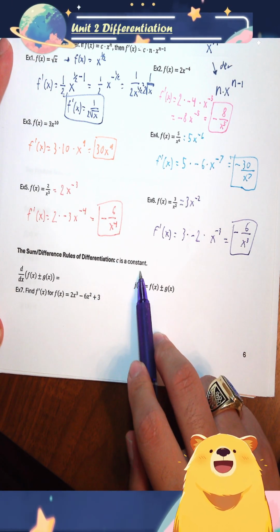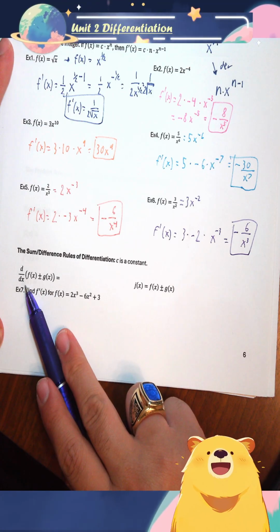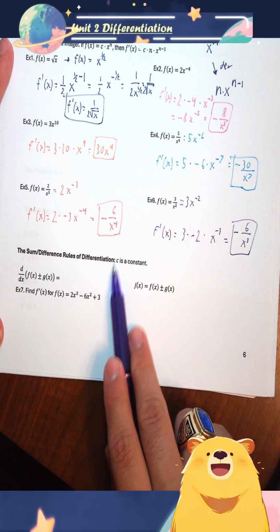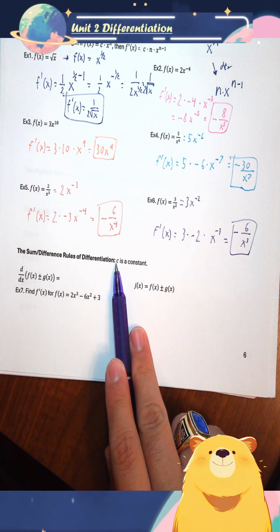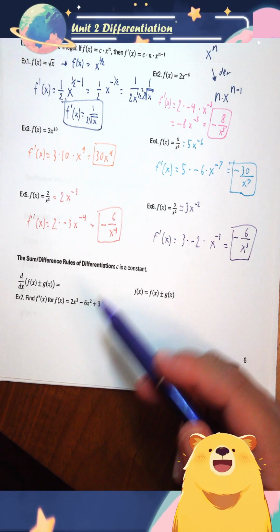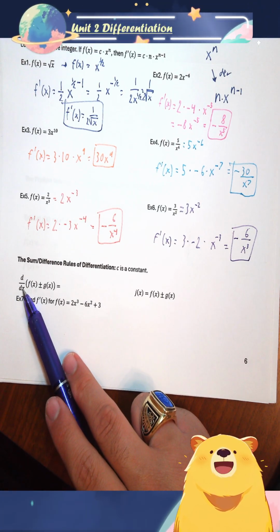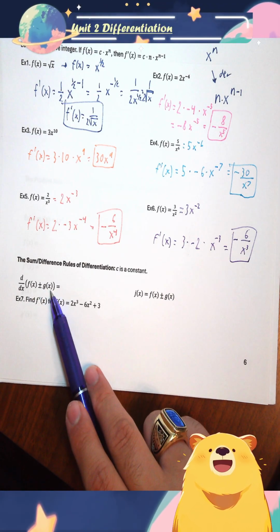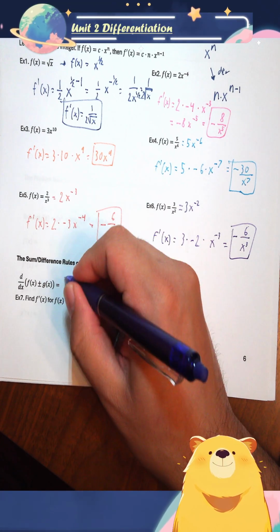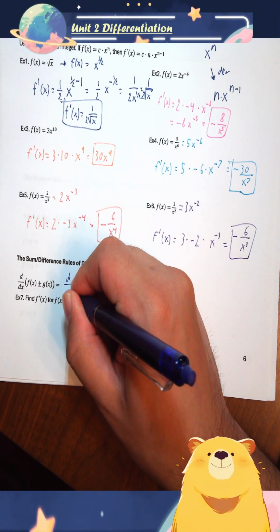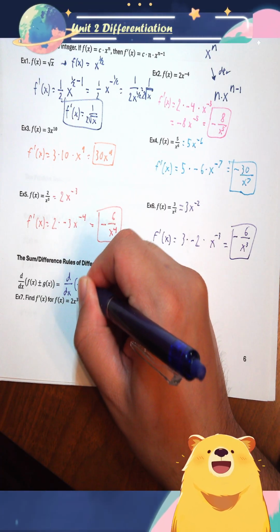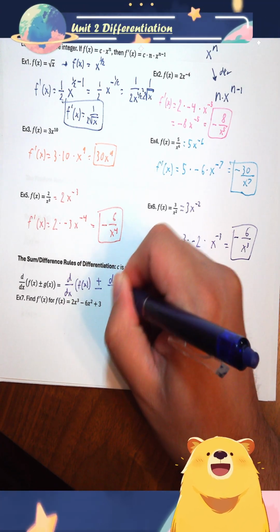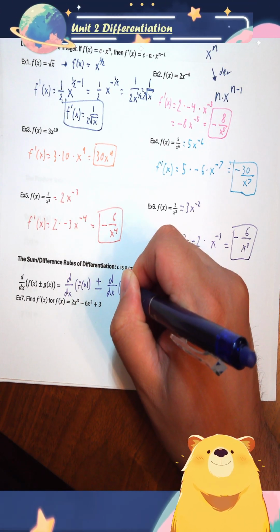Let C be a constant. If we have, well, I think I copied and pasted that too furiously, because technically we don't have any presence of C. But either way, if I'm taking the derivative of a function plus or minus another function, technically this is just the derivative of the first function plus or minus the derivative of the second function.